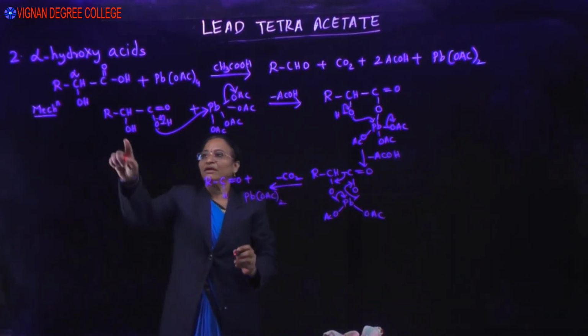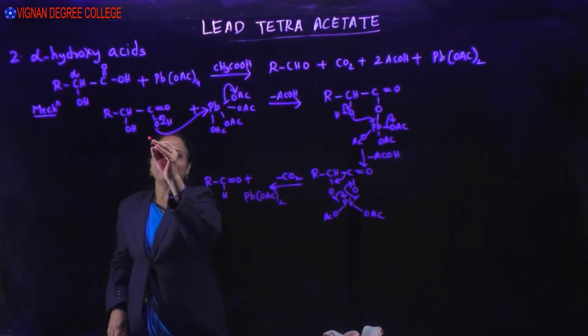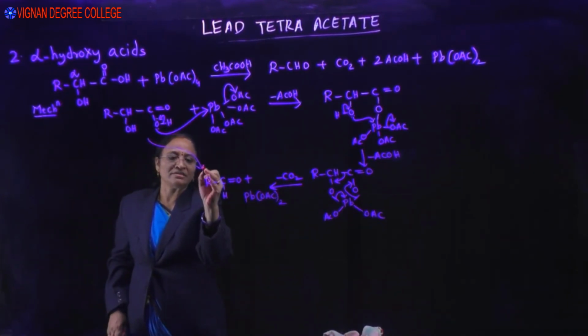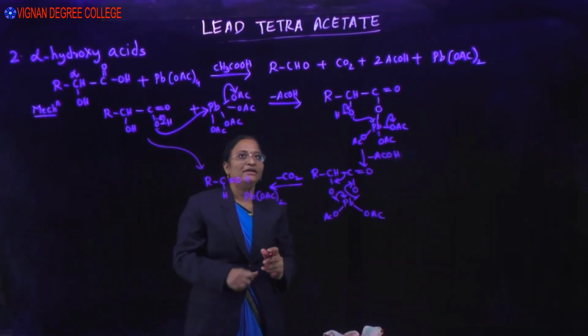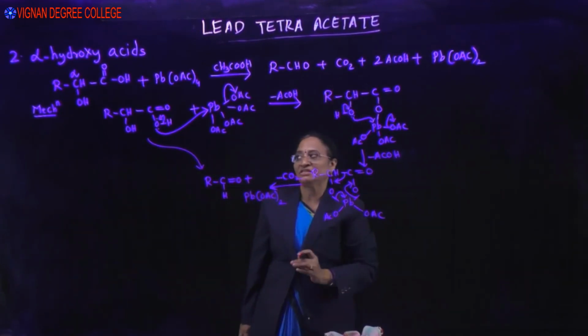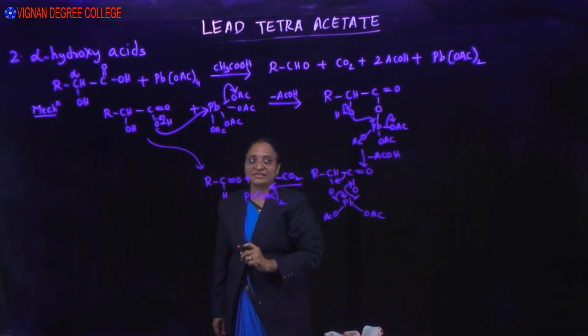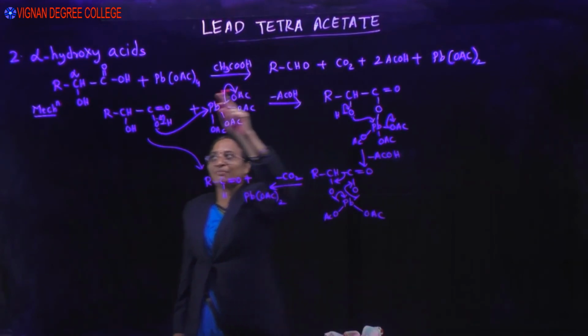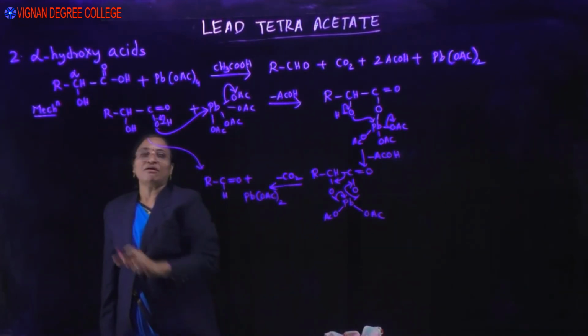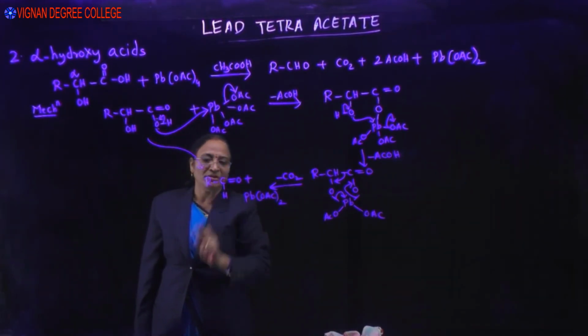So in this way, the alpha hydroxy carboxylic acids are changed into aldehyde with the elimination of carbon dioxide. So the alpha hydroxy acids undergo decarboxylative oxidation leading to the formation of an aldehyde.